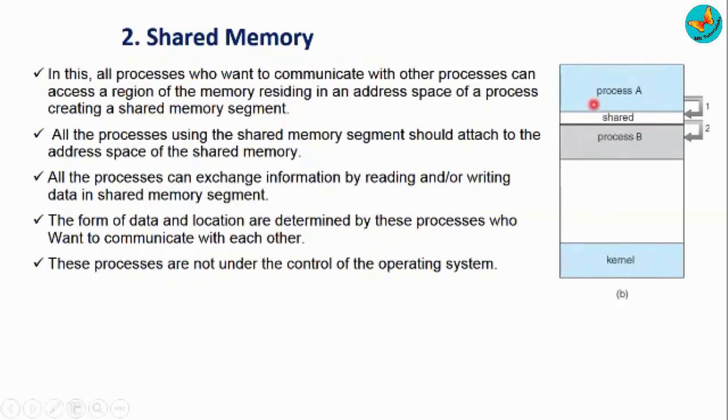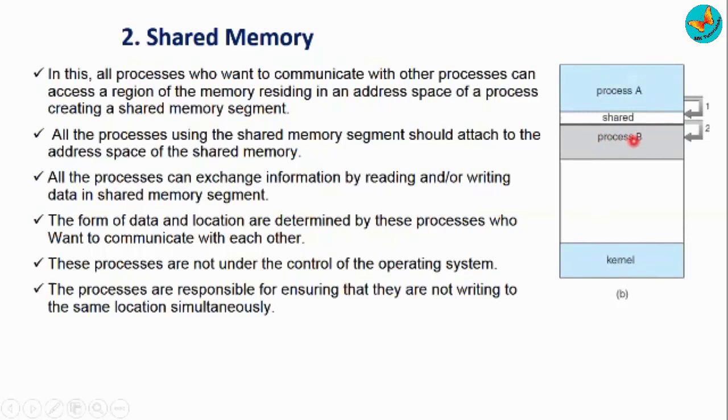And if it is their responsibility, then they should ensure that they are not writing to the same location simultaneously, isn't it? Means if process A is writing in some location, in that same location process B should not write. Otherwise what will happen?